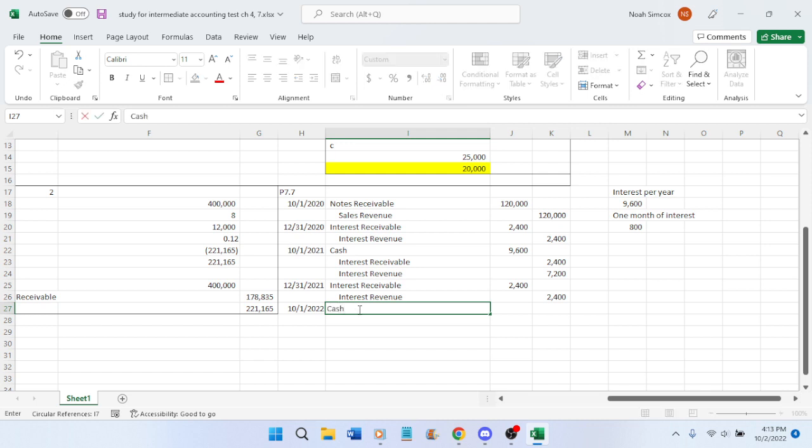They are now going to receive cash. They will not just receive, they will receive 120,000 plus another year's worth of interest. They will now decrease notes receivable.